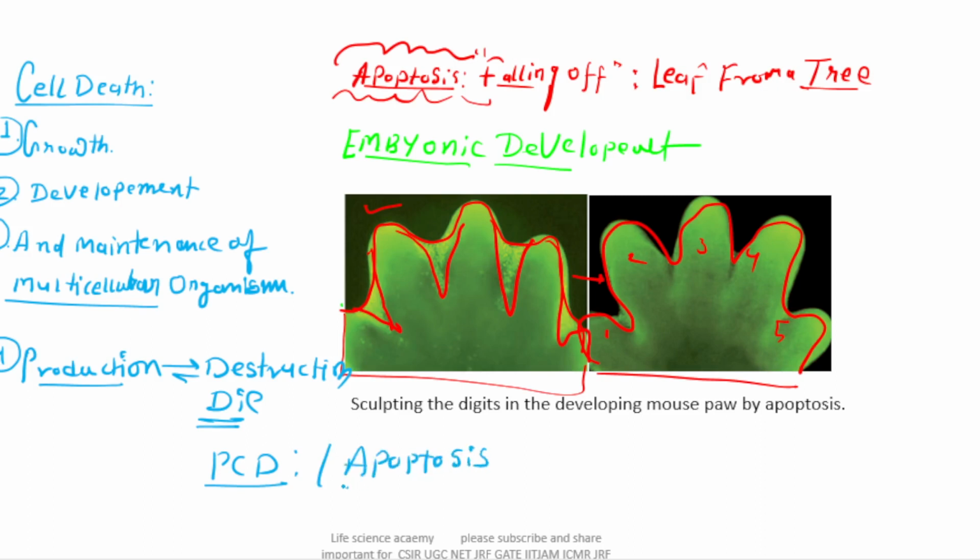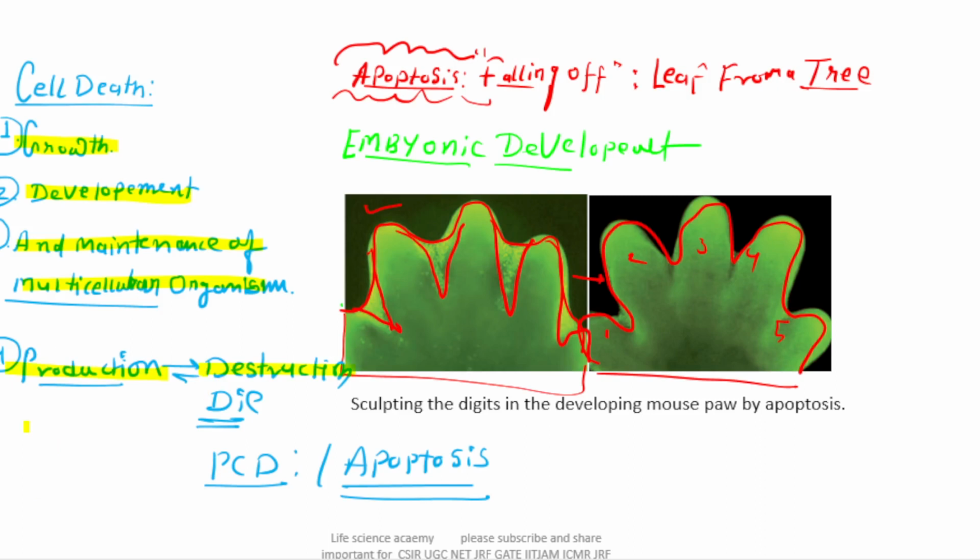These are some points why we require apoptosis: for growth, for development, for the maintenance of the multicellular organism, and for production and destruction.